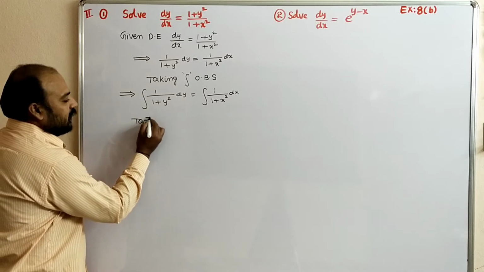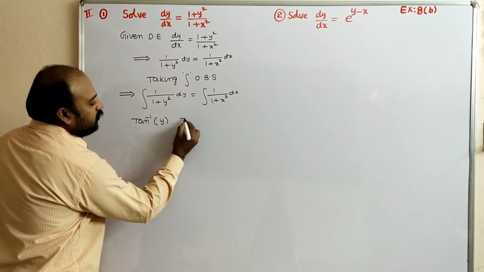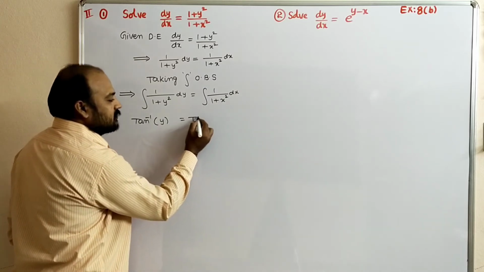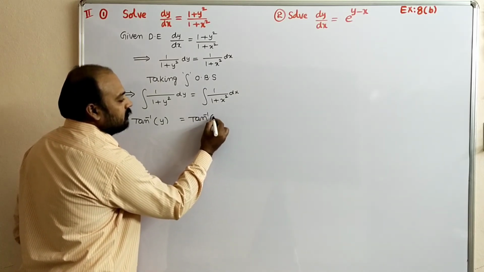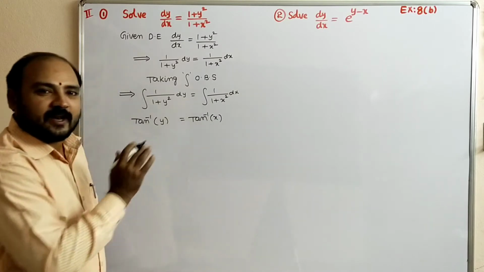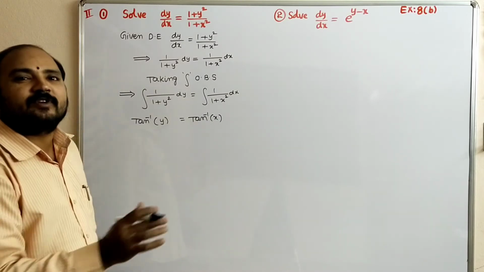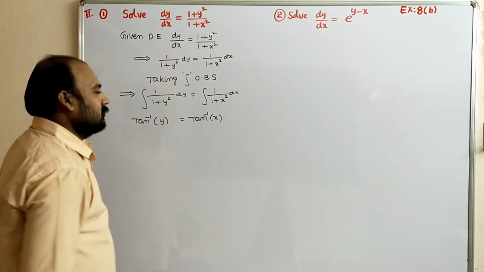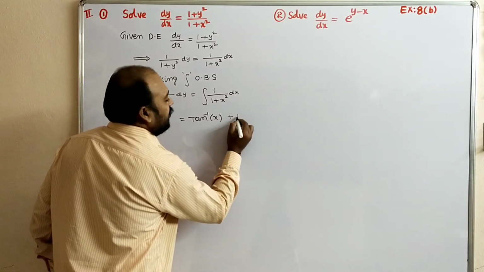Tan inverse of y is equal to integral 1 by 1 plus x square, tan inverse x. So both the functions are tan inverse now, even the constant also tan inverse c. Not compulsory to write. If you want, you can write it as c also, nothing will happen. So plus c, tan inverse c.